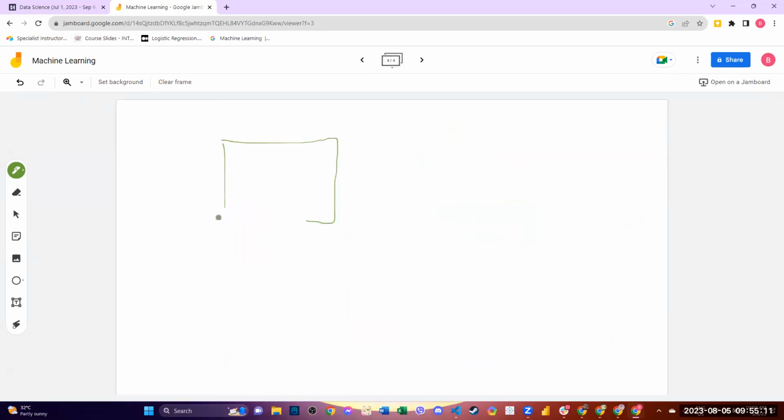This robot also doesn't have a supervisor. And what happens is the robot is actually experiencing the event.